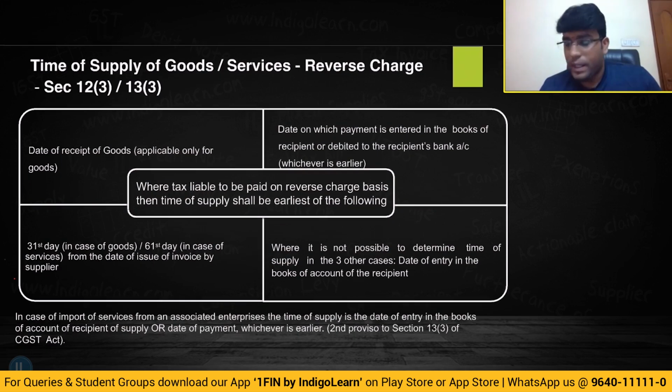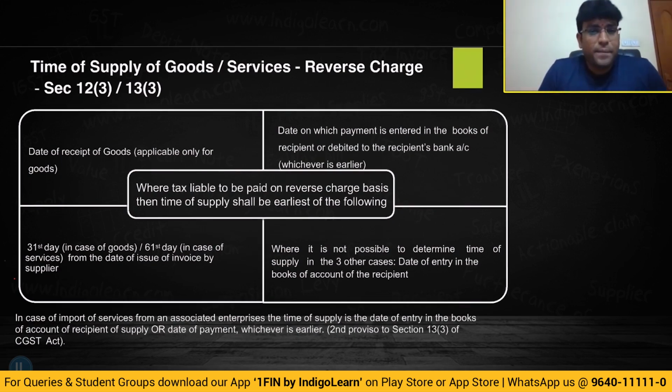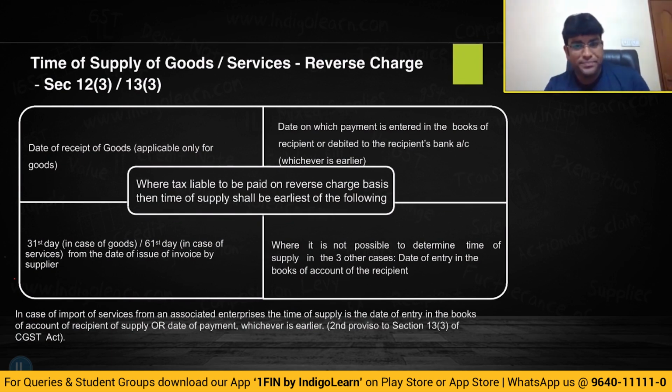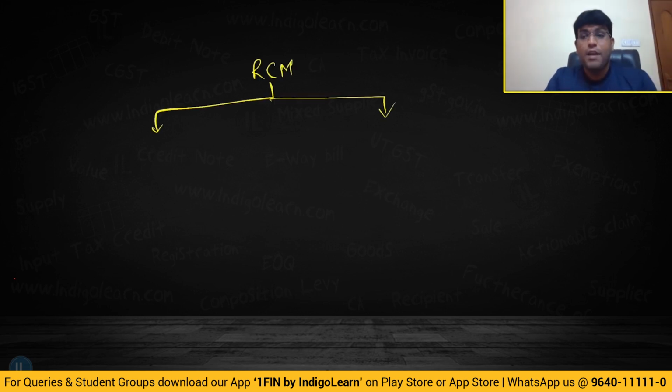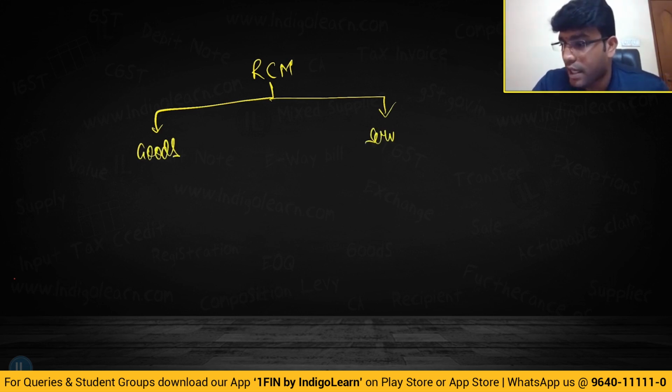Are we clear? This is a very interesting slide, guys. Time of supply for goods or services under RCM. Now, guys, when I talk about RCM, it is nothing but what? Reverse charge mechanism, where the supplier is not liable to pay GST, the receiver is liable to pay GST. And RCM could be related to goods, RCM could be related to services.